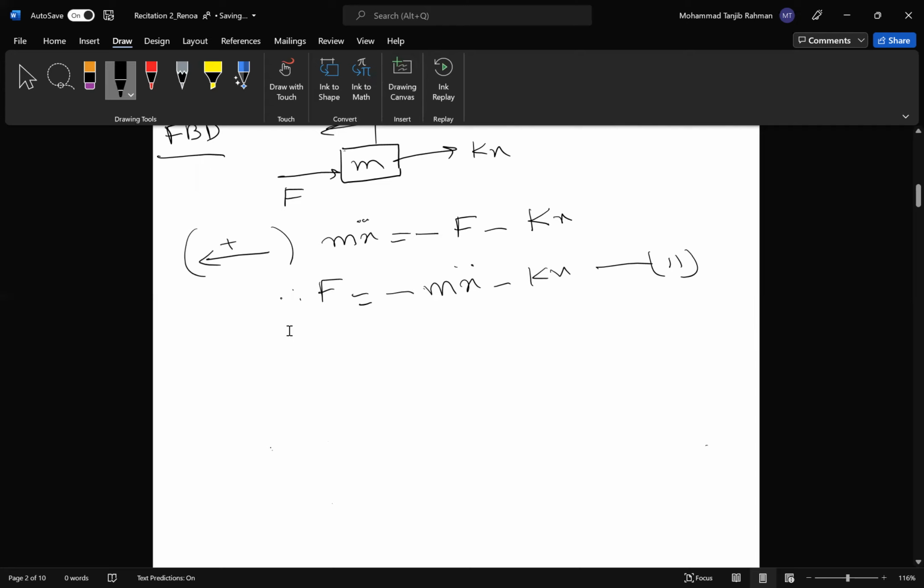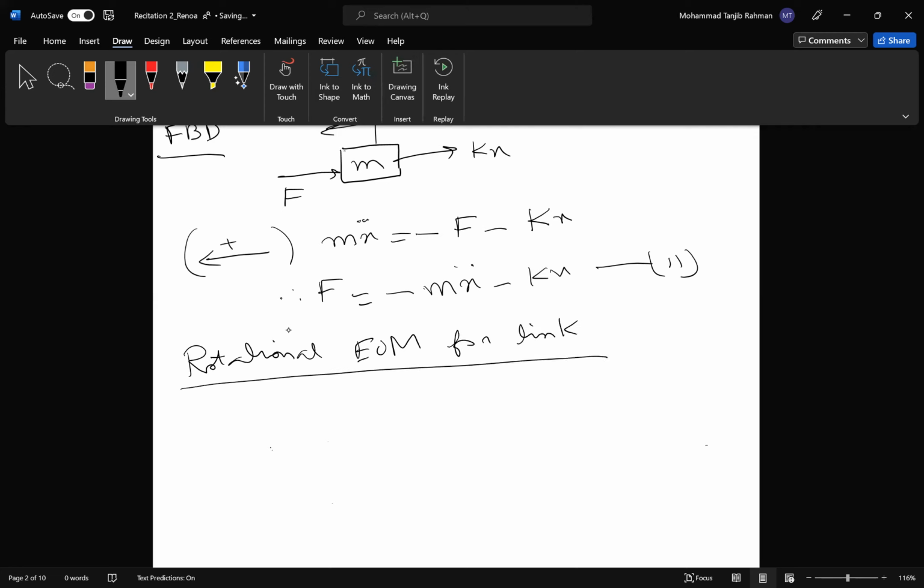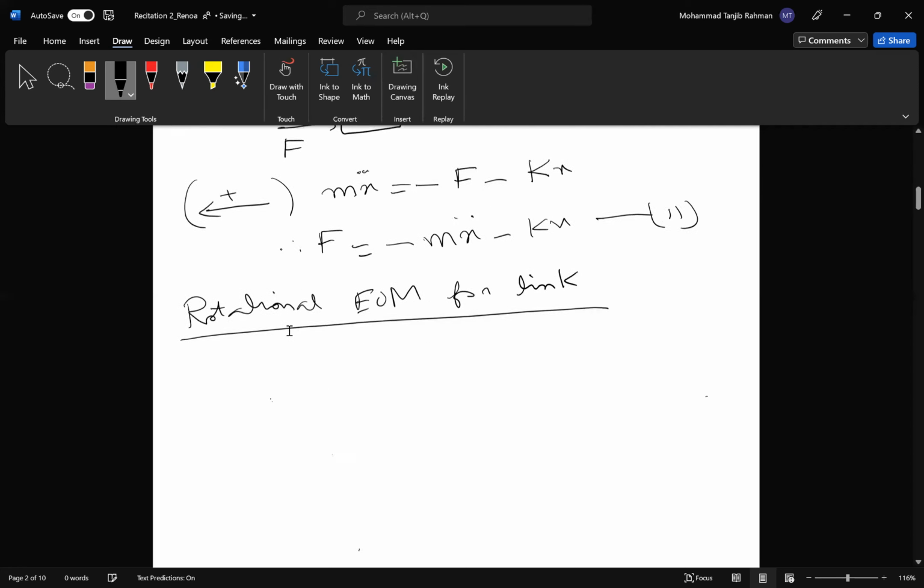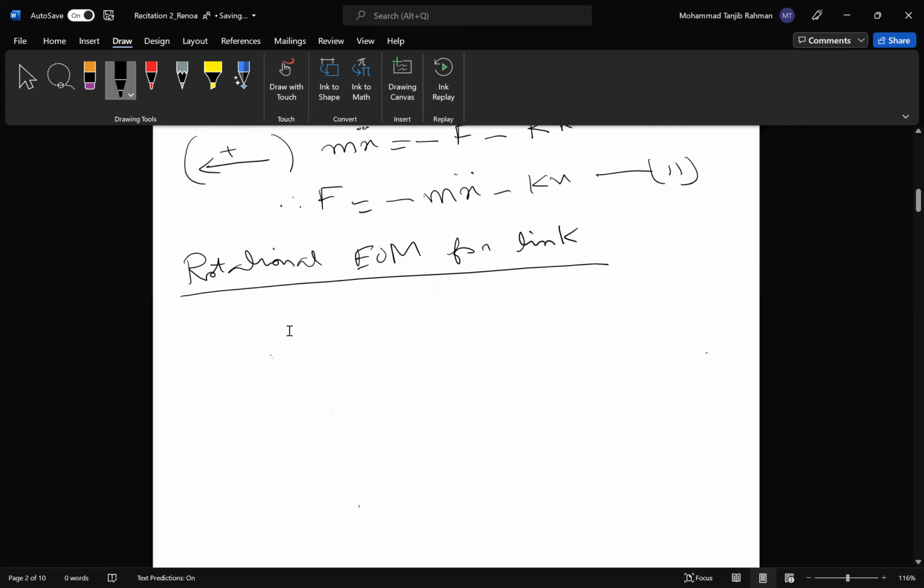Now next I'm going to write the rotational equation of motion for the link. So our free body diagram would be, this is the link, this is the pivot.